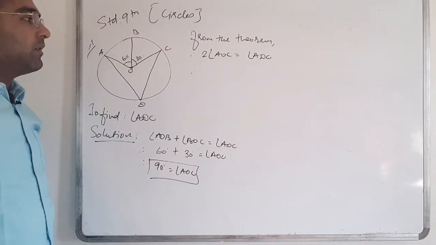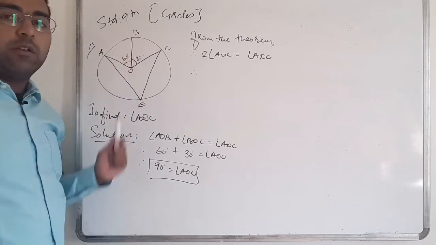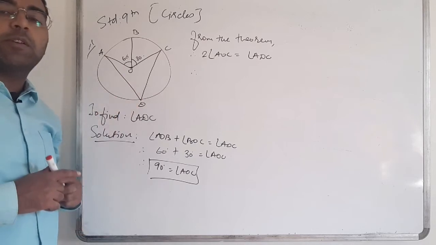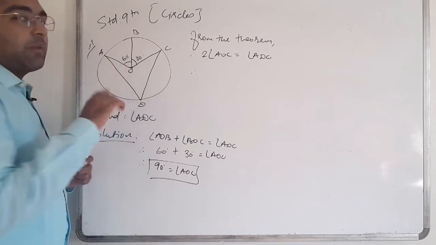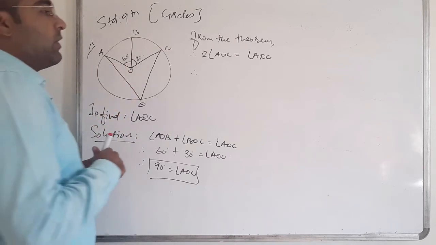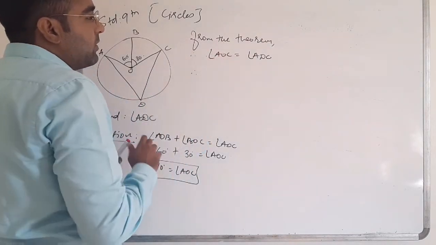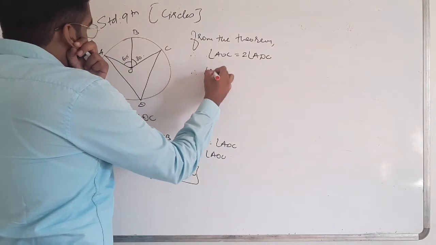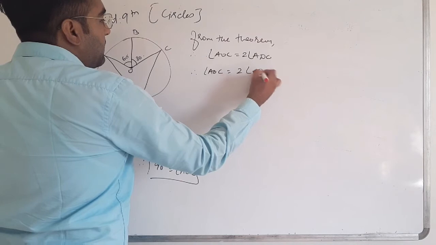The angle at the center is 2 times the angle subtended at the other part of the circle. So angle AOC, which is 90 degrees, is equal to 2 times angle ADC.